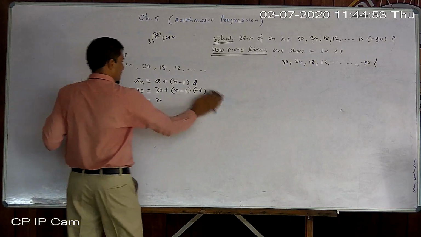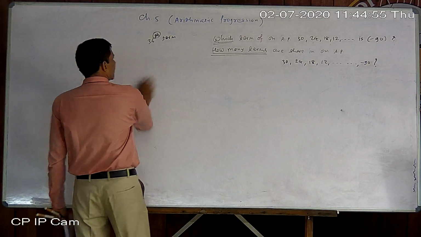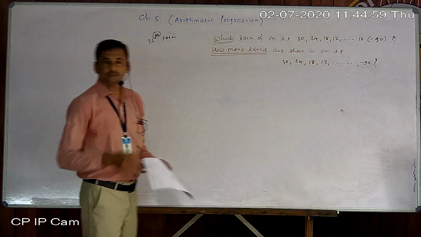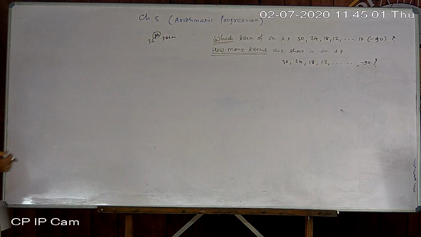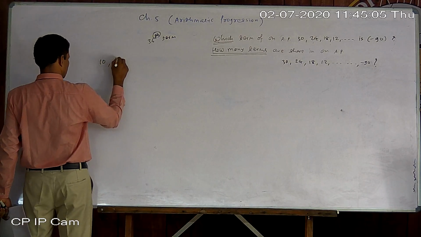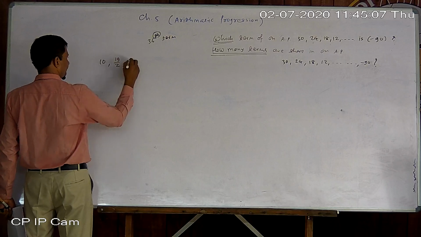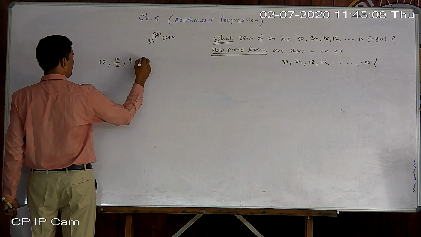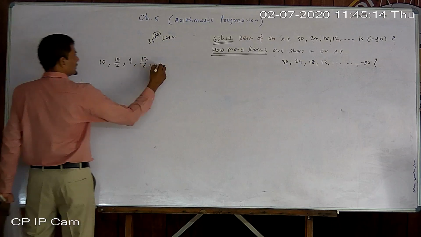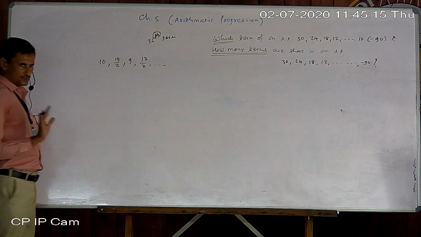Now I want to give one another sum also in which D is in fraction. Suppose it is 10, 19 by 2, 9, 17 by 2, like this. Here you can convert this into decimal also, no problem.